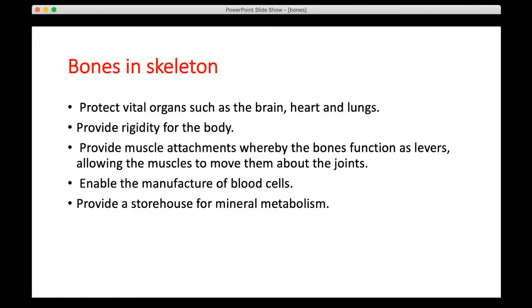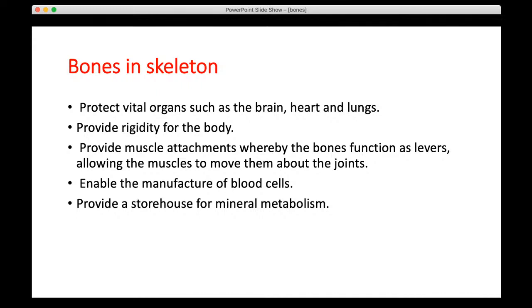First of all, the first slide will tell you what the main functions of bones in your system are, why they are present. So, they protect your vital organs, including your brain, heart, lungs, all soft organs which are very important for your physiology, for a normal homeostasis.